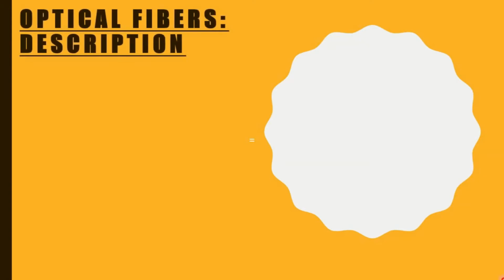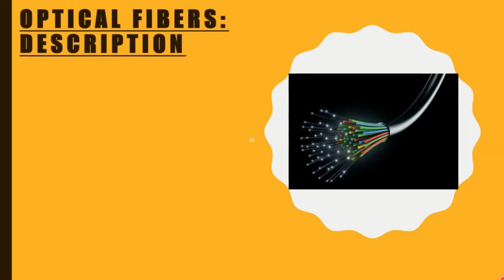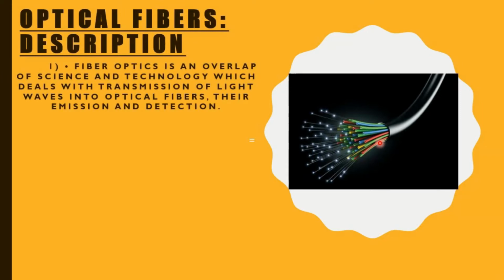So the first thing we will do is learn what an optical fiber is. This is a picture you can see. Optical fiber looks like this. Now what is an optical fiber? Fiber optics is an overlap of science and technology which deals with the transmission of light waves into optical fibers, their emission and detection.